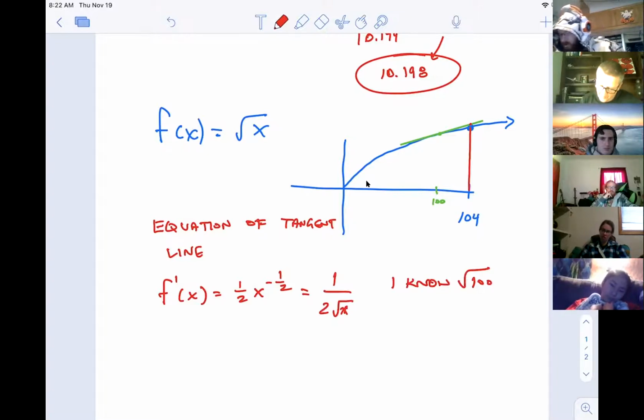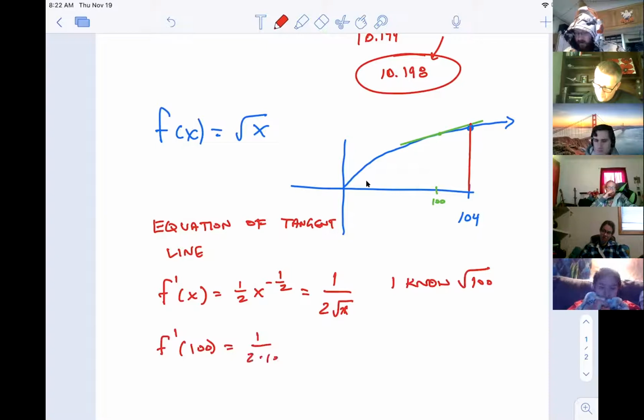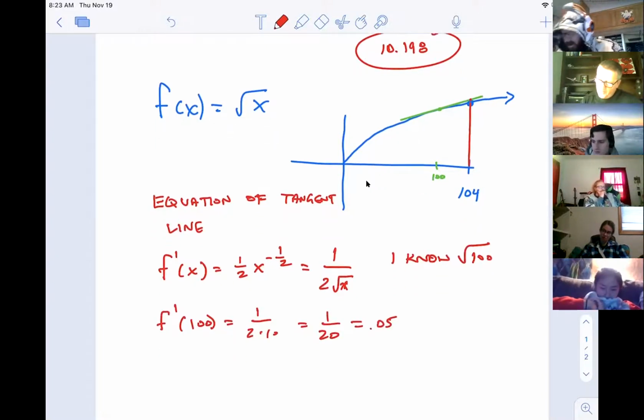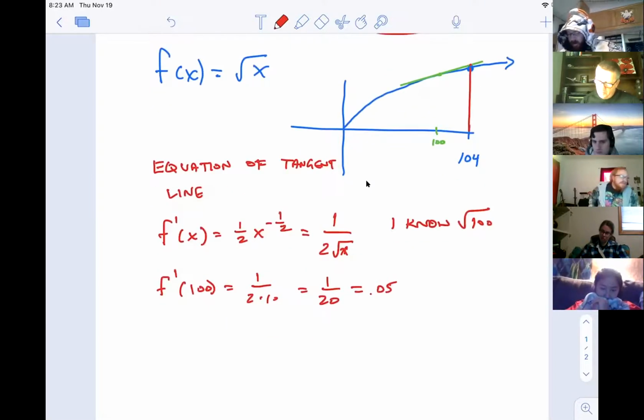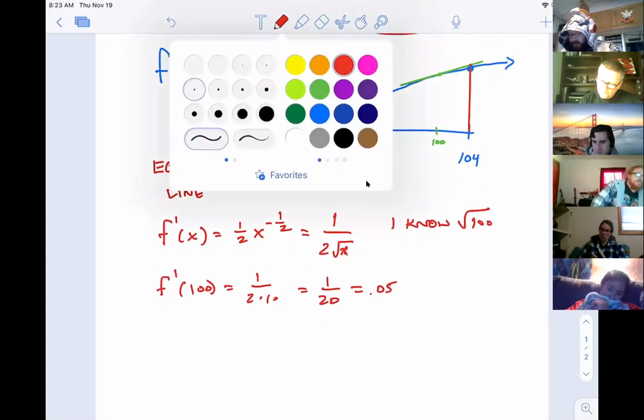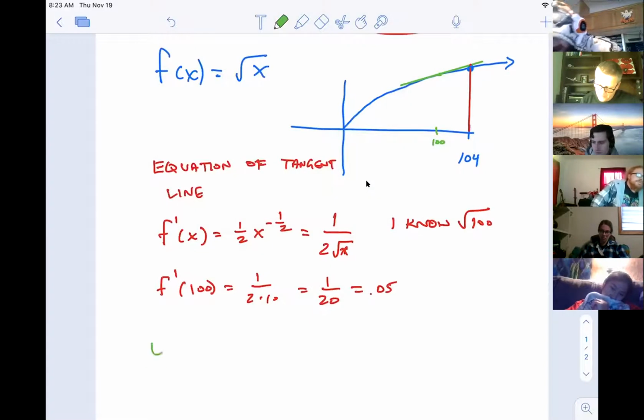And so if I figure out f prime of 100, 1 over 2 times the square root of 100, that's 1 over 2 times 10, or 1 over 20, or 0.05, however I want to manage that. Then I know this much of my tangent line. I know it's 1/20th x.